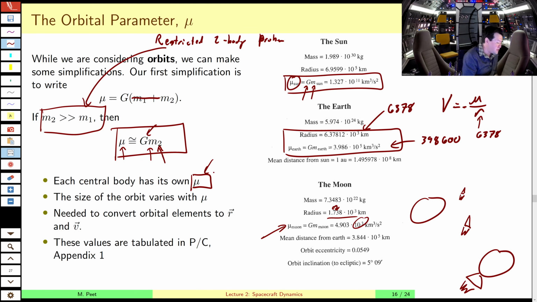So what else can we say about this mu? How is it calculated? How do we know this mu? Well, honestly, we know this mu from Kepler's third law, and we'll talk about that in a bit, where we have T squared over a cubed equals, I believe, mu over 4 pi squared.